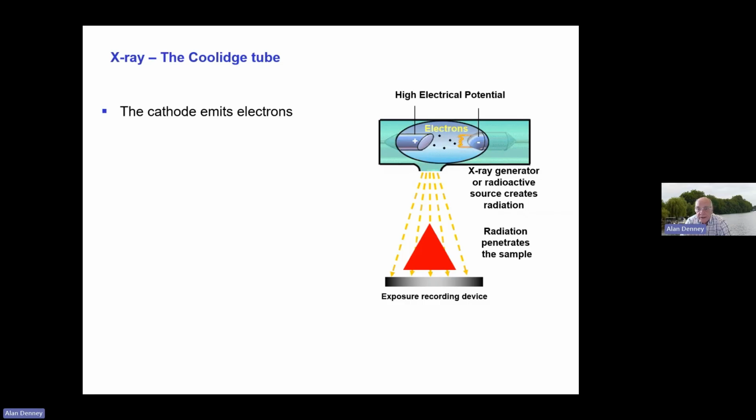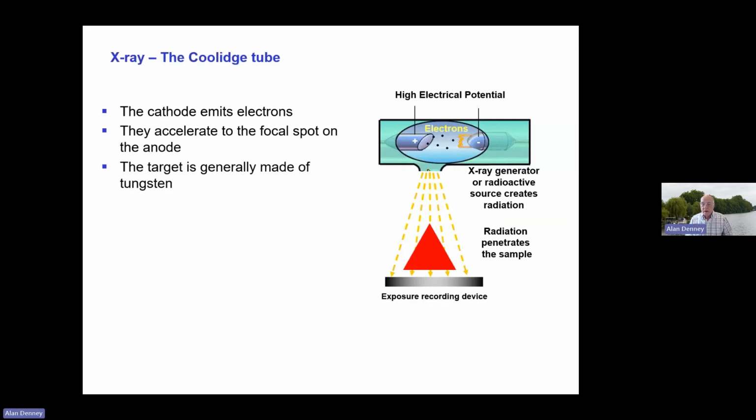The cathode is the negative pole, and it's generating electrons, which are then drawn across to the positive pole. So they're being accelerated across the gap, and they hit the anode, the positive pole. And that target is made of tungsten, and those electrons striking the tungsten generates the X-rays.